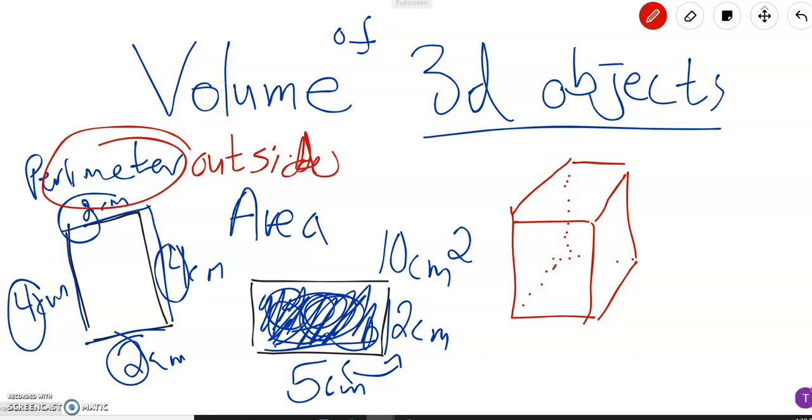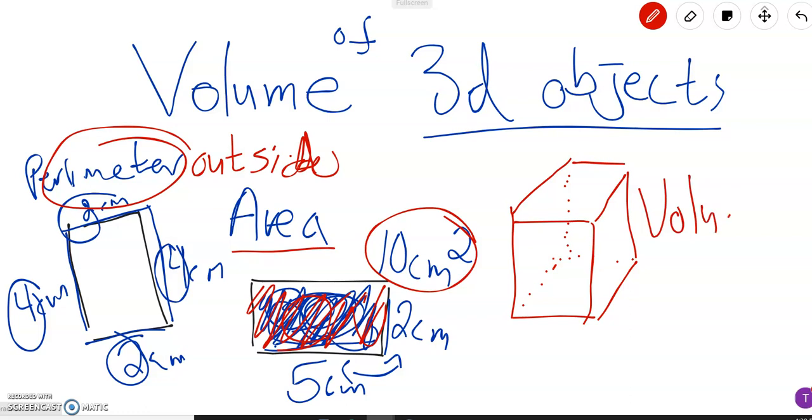Outside, the area, which is the amount of space that gets covered. And then for volume, we talk about volume.